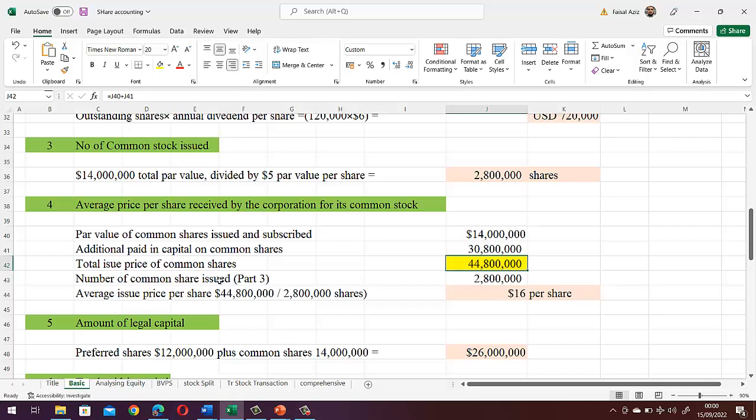Now, we have already calculated the number of common shares issued or outstanding in part 3, which is 2.8 million. So when we divide the total issue price of common shares by the common shares outstanding, it will give us the average issue price per share. So the average price will be 44.8 million divided by 2.8 million. So the average price will come to $16 per share.